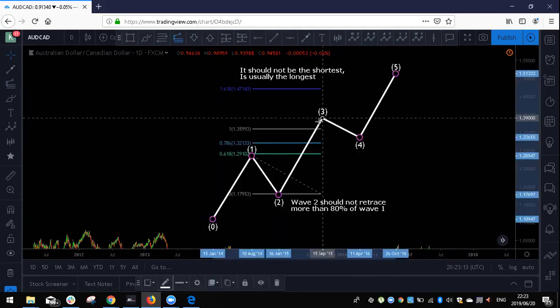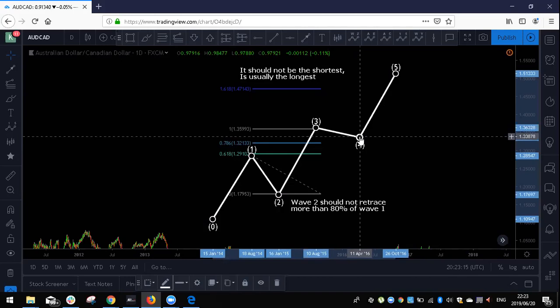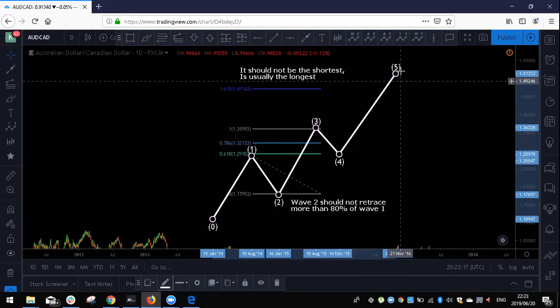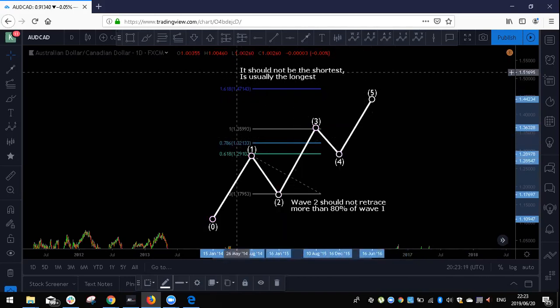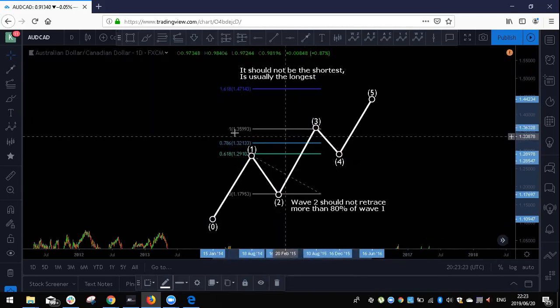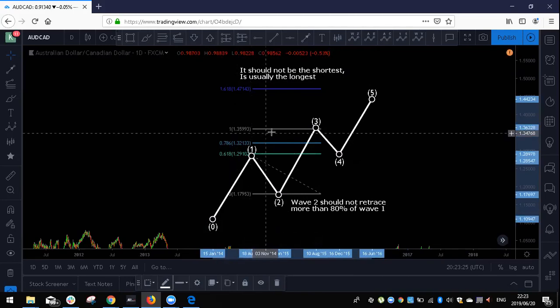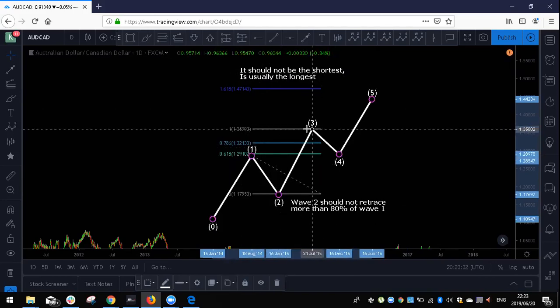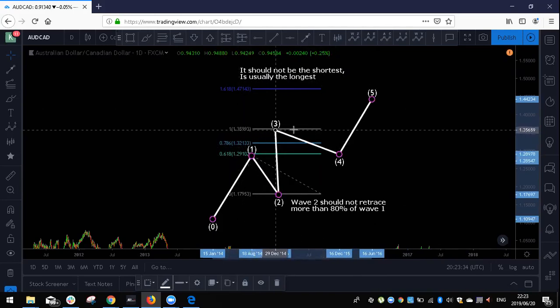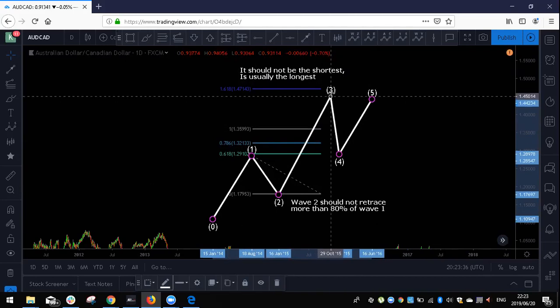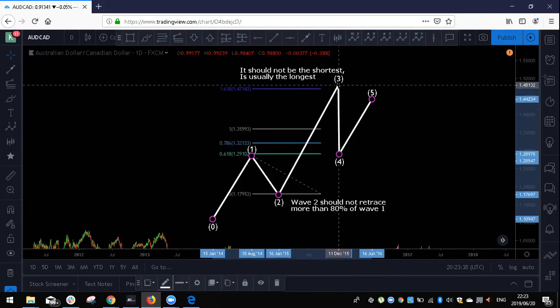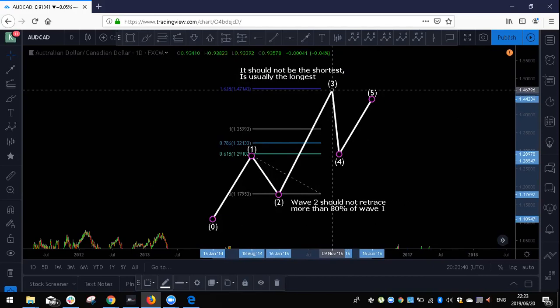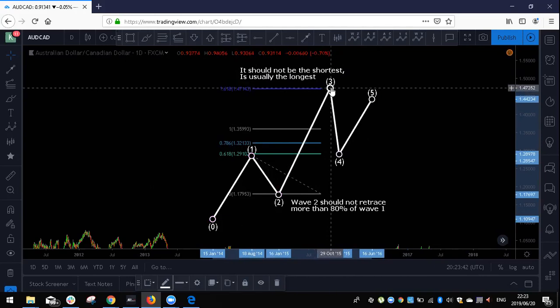It's acceptable for a wave 3 to be there because it still meets this rule. It's not the shortest because it's at 100% of wave 1. It's the same length as wave 1, so it's not shorter than wave 1. So from 100%, anywhere in between there, you can have your wave 3. But it's usually nice if it hits there.